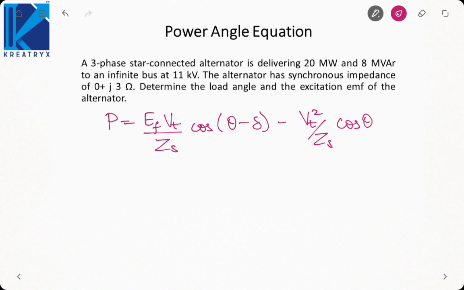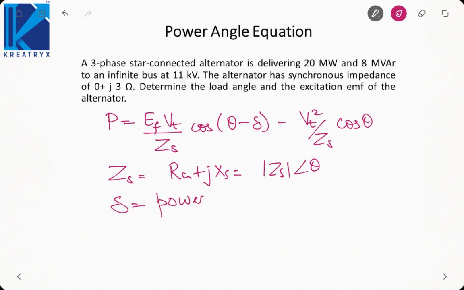Is it fine? So what is Zs? Zs is Ra plus jXs. It is equal to mod Zs angle theta. So theta is the impedance angle. Delta is basically your power angle. EF is the induced EMF. Vt is the terminal voltage.